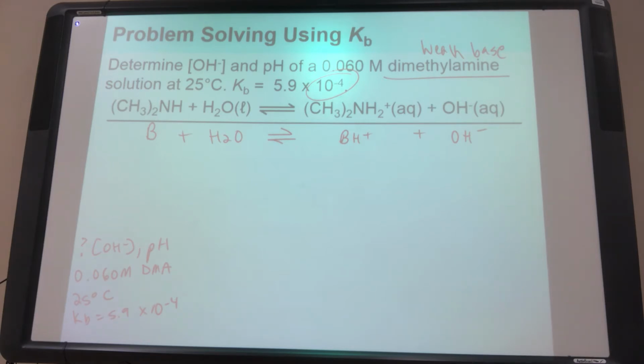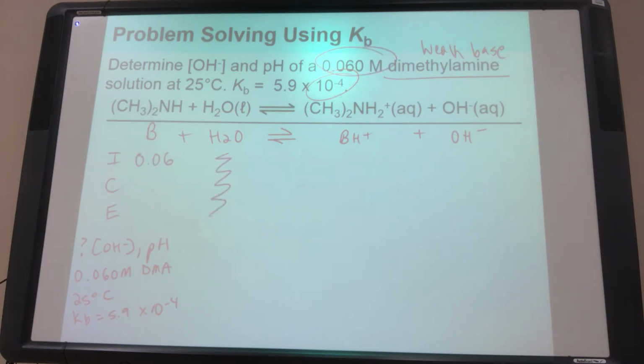If it's not strong and it dissociates partially, and the fact that they gave me the equation with the double arrow also tells me it's weak, so it's really trying to help me. When they give me this equation with this double arrow, it's telling you this is weak, this is not the easy way. Since it's not the easy way, we have to do an ice table. So first I have to figure out how much B I started with. It said 0.06.